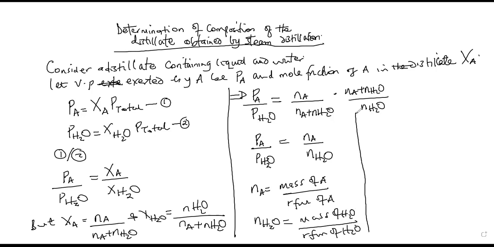Putting these in, PA over P water is equal to mass of A over relative formula mass of A, divided by mass of water over relative formula mass of water.